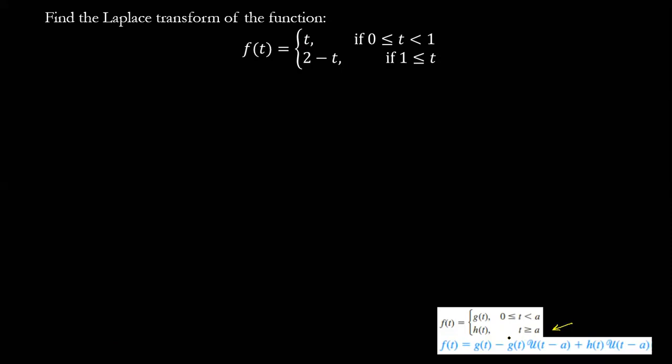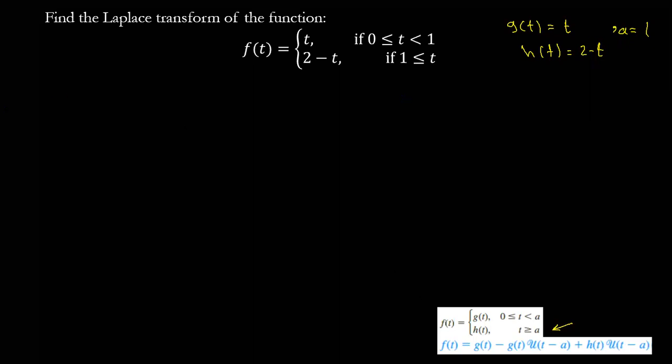Could you please tell me what g of t is, depending on the formula? It's g of t is t. And what about h of t? 2 minus t. And what do you think about your a? 1. Great. Now I'm going to apply the rule.